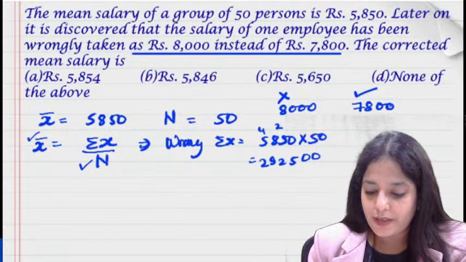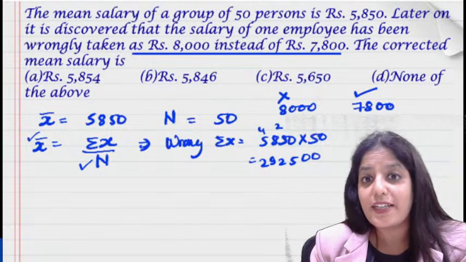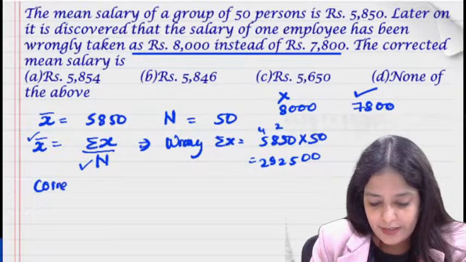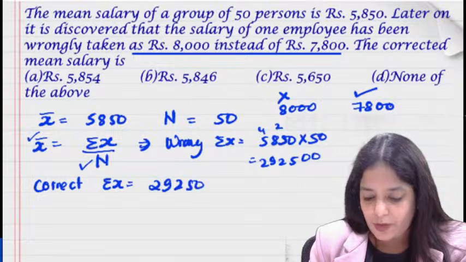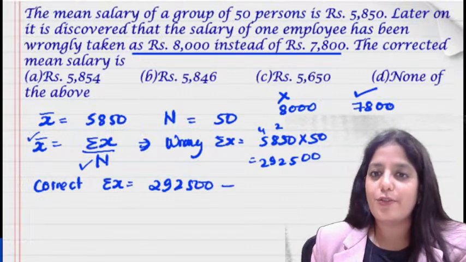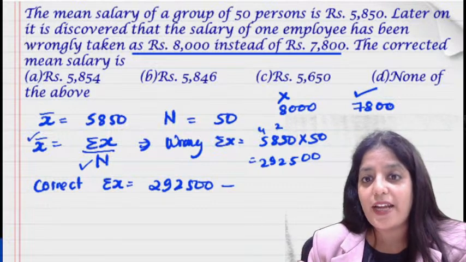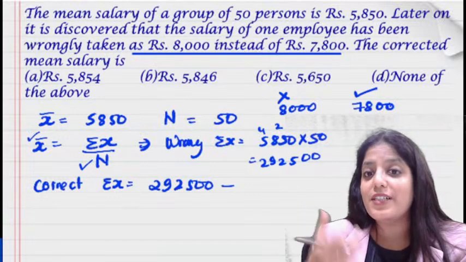Now what happened? We took the wrong salary as 8,000, the correct one was 7,800. So correct sigma x, how are we going to find it? From 292,500 we'll remove the wrong item by subtracting it. Why are we subtracting it? Because initially we have added it, and in order to nullify it, we subtract it.